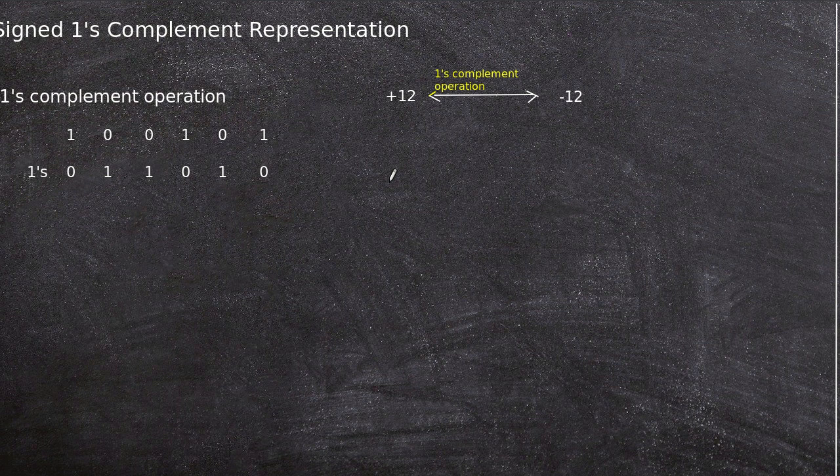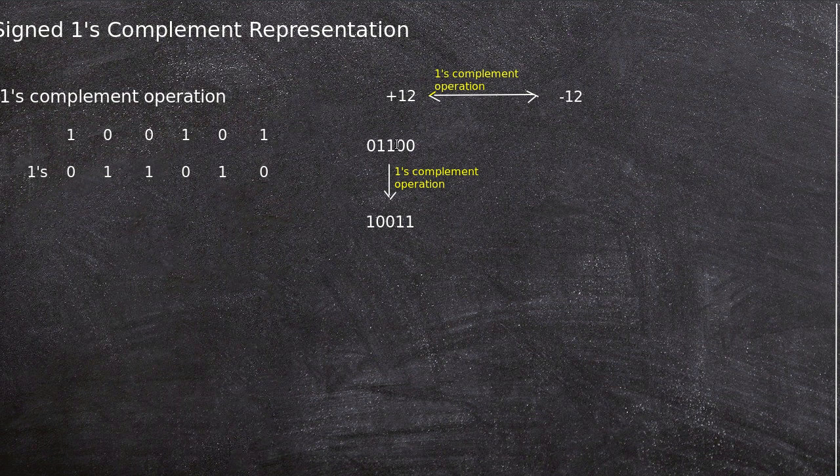Now let us take a binary example. This is the binary representation of plus 12. Now we will apply the 1's complement operation on this. After the 1's complement operation, each bit of this representation will be complemented, including the sign bit. So we get this one.